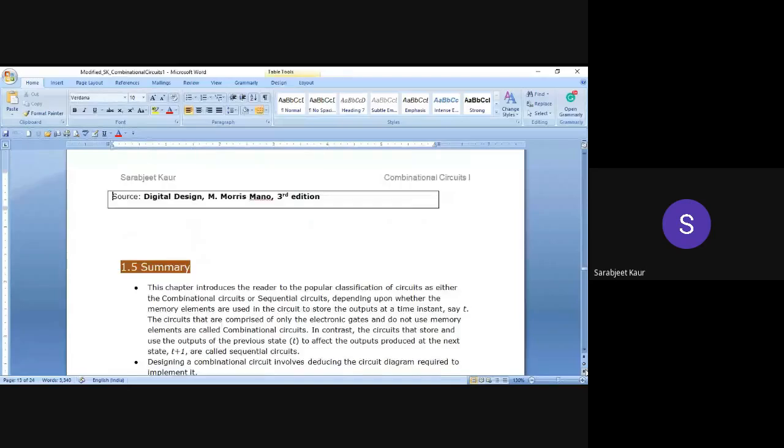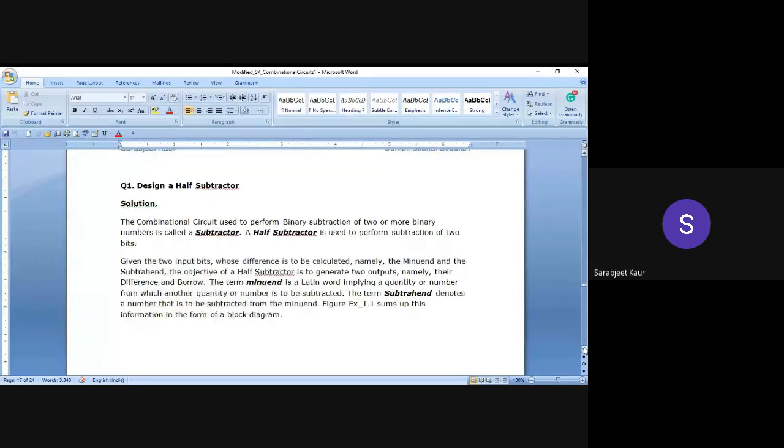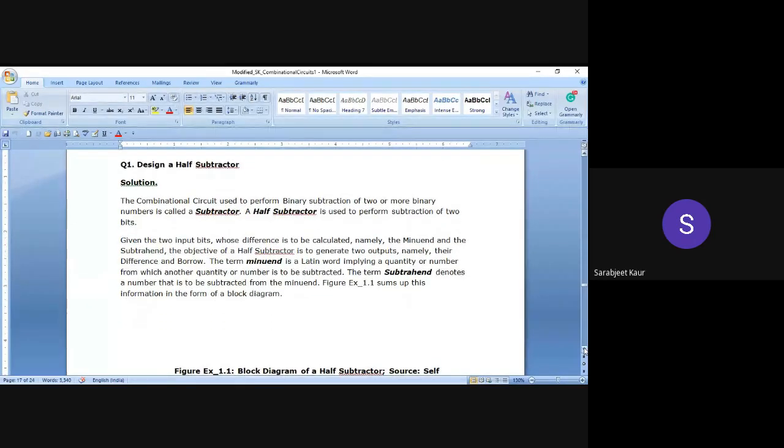Generally I give these to the students as assignments sometimes, but I thought I'll discuss them with you since we are not in an offline scenario. We are going to first design a half subtractor and then the full subtractor.